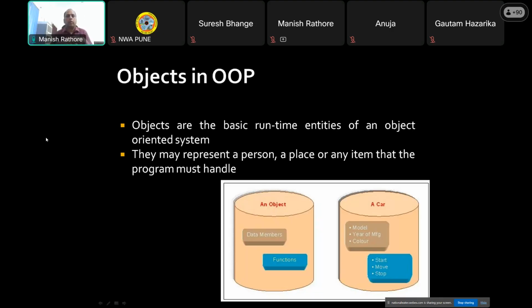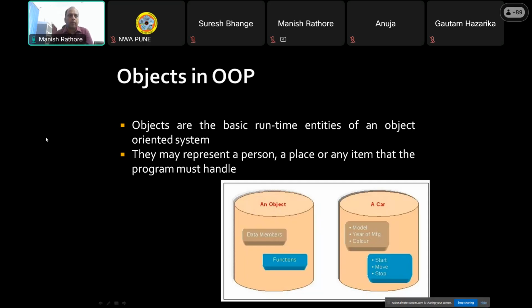Okay, so for example, a car will have a model, a year of manufacturing, a color, and you can have some functions: how to start, how to move, how to stop. Okay, ये मैं real world example से आपको correlate कर रहा हूँ.